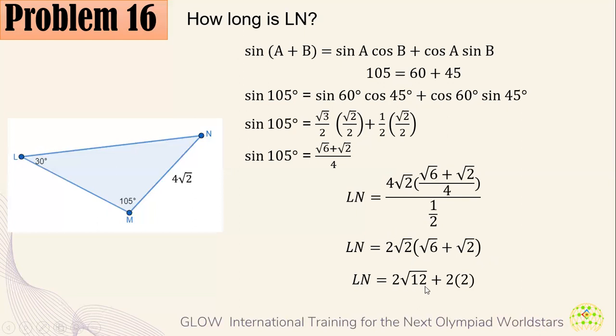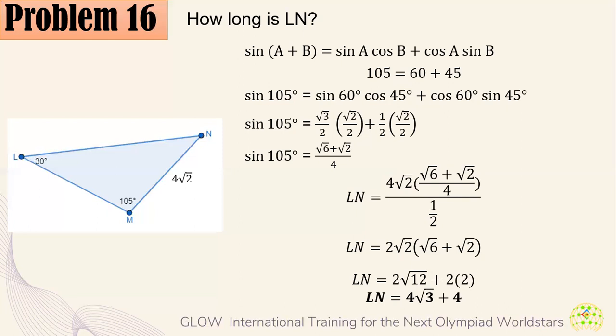And square root of 12 is square root of 4 times 3, which is 2 square root of 3. And 2 square root of 3 times 2 is 4 square root of 3, plus 2 times 2, which is 4. Hence, if you answered 4 square root of 3 plus 4 or 4 plus 4 square root of 3, you got it correctly as well. Congratulations.